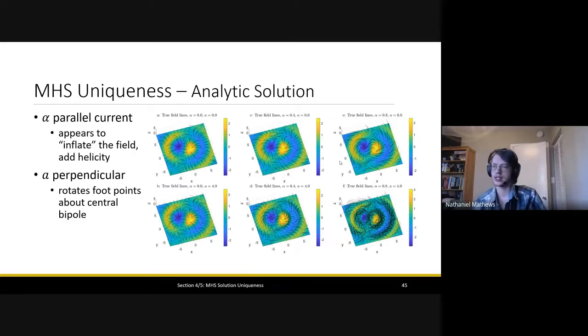And as we increase A, we're inflating the field. I've switched these bullet points by accident, but you can see from the picture that as we increase A, the field is rising up out of the photosphere. And as we increase alpha, we're twisting it around. And those 2 effects together can build these intense flux rope structures along the polarity inversion lines.